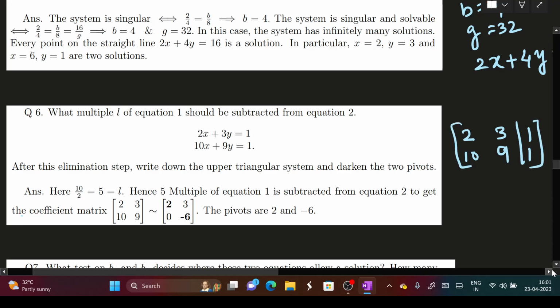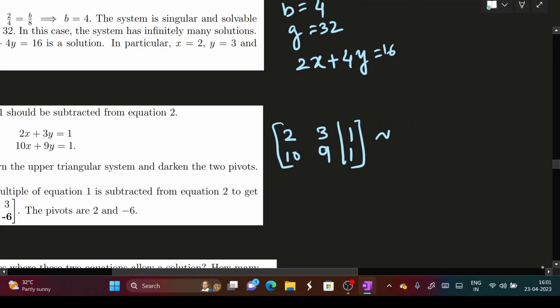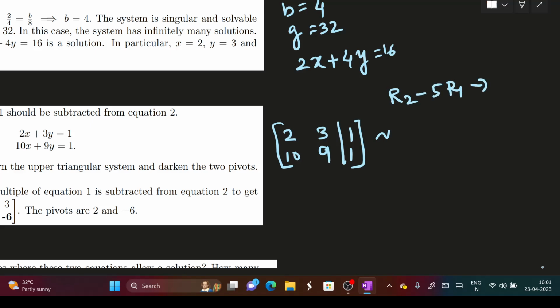How much should I multiply to the first equation? It is R2 minus 5 R1 stored in R2. That is, 5 times the first equation should be subtracted from the second equation to eliminate my x variable.